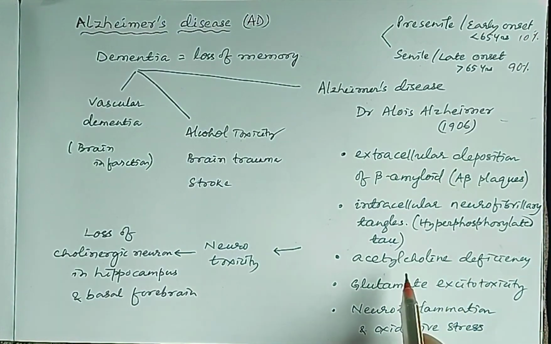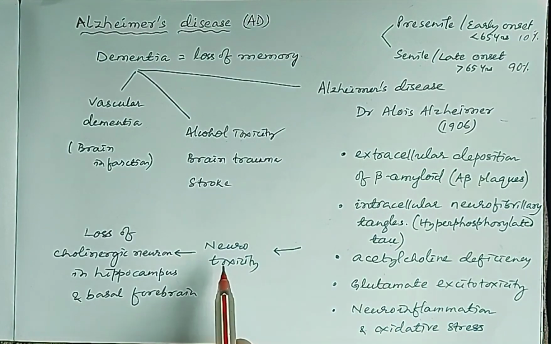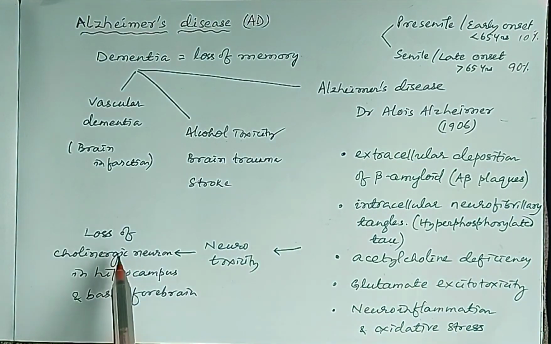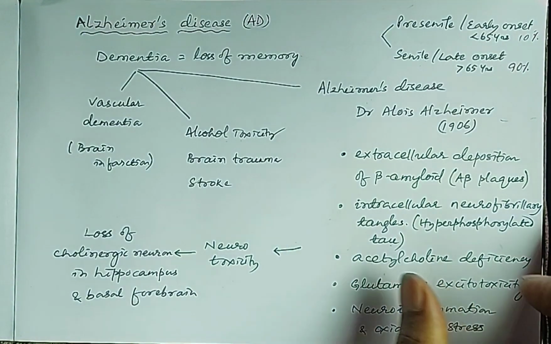There is deficiency of acetylcholine and there is excess of glutamic acid. In addition to that, there is also neuroinflammation and oxidative stress. So all these five theories lead to neurotoxicity, loss of cholinergic neurons in the hippocampus and basal forebrain. So that leads to Alzheimer's disease.